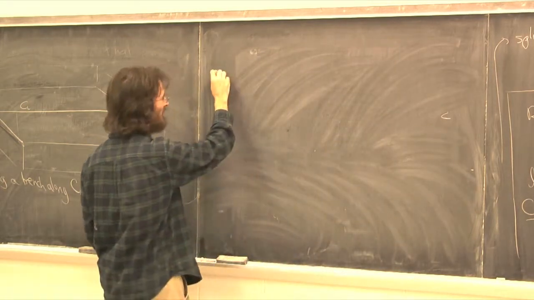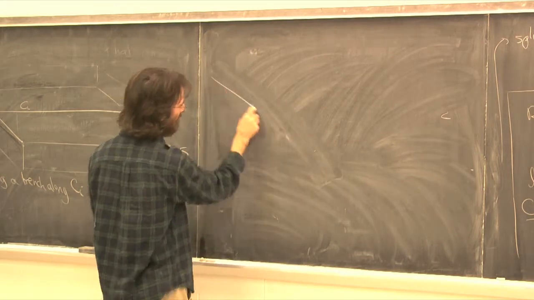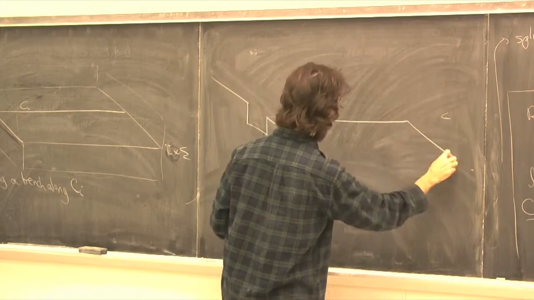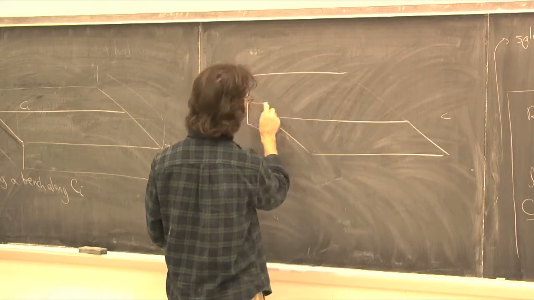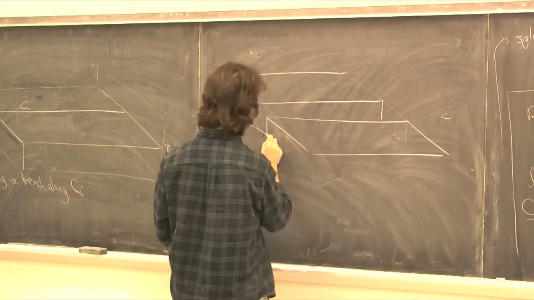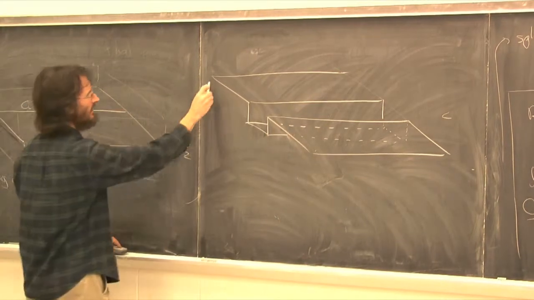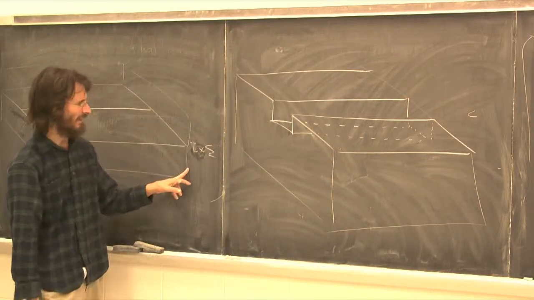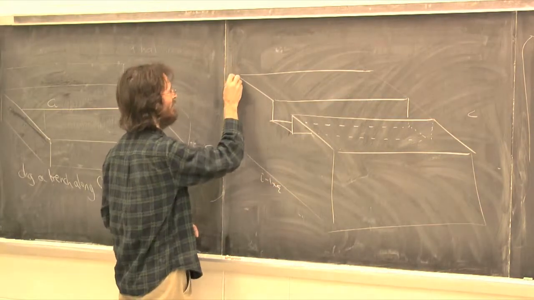So what do I mean by digging a trench? You're going to get something like this. I'm removing something from, this down here is I minus 1 cross sigma, and this is I cross sigma here.